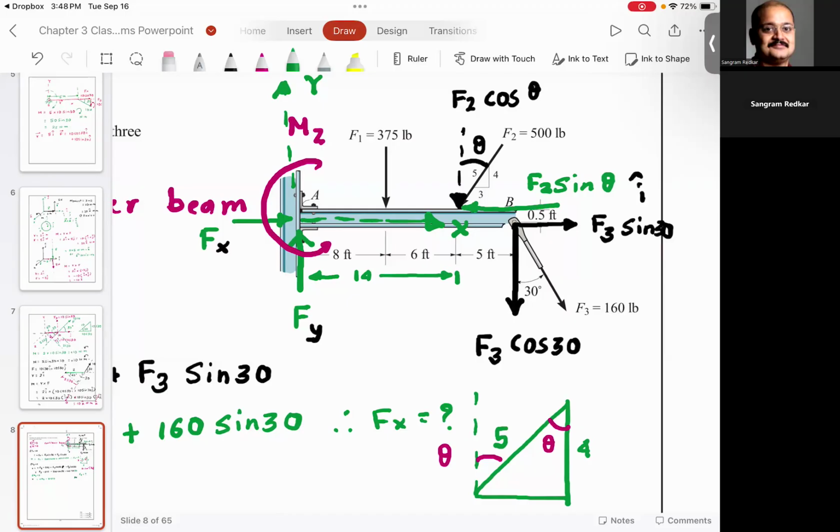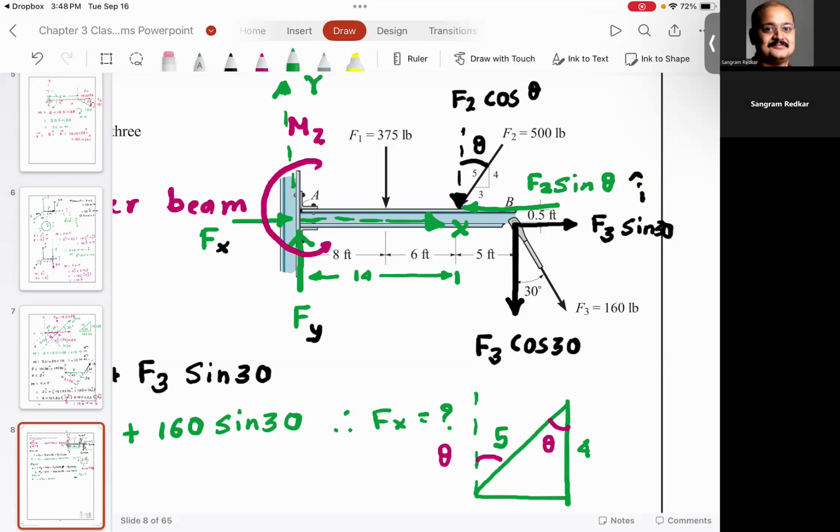Now I want to extend the same logic to F3. F3 also has two components. One component which is going vertically down and another component which is going horizontally. However, the difference here is that the vertical component is at distance 19 units or 19 feet. 14 plus 5, 19 units, 19 feet.